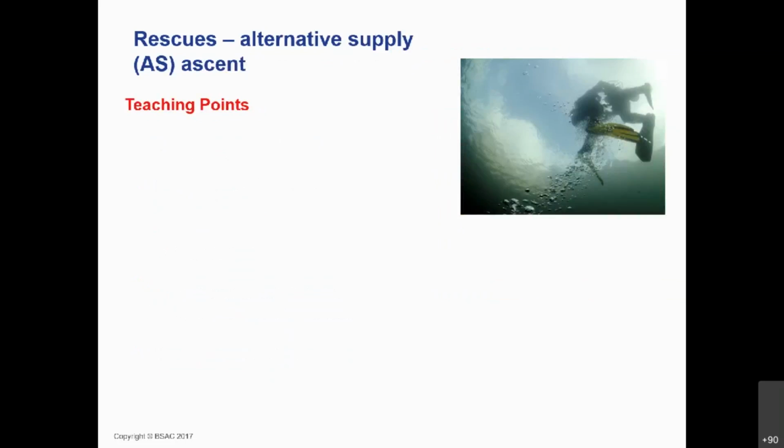I'm going to move on to some teaching points, and I want you to think about this both as teaching it, or perhaps when you're learning this skill back in your branch.